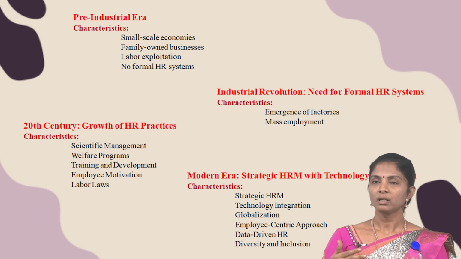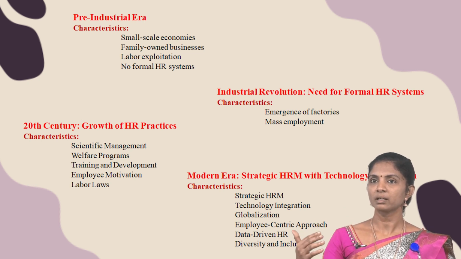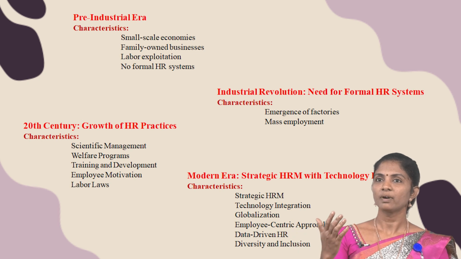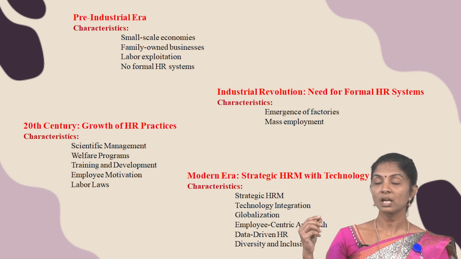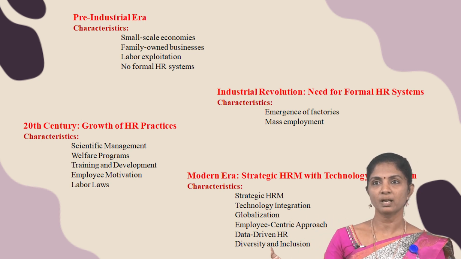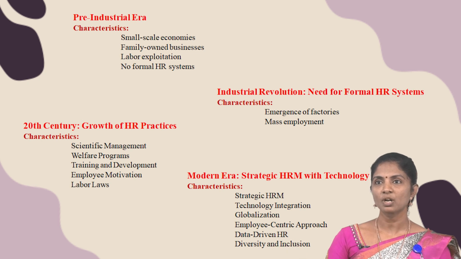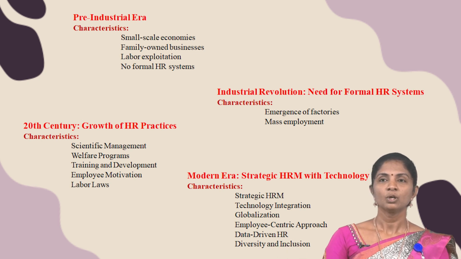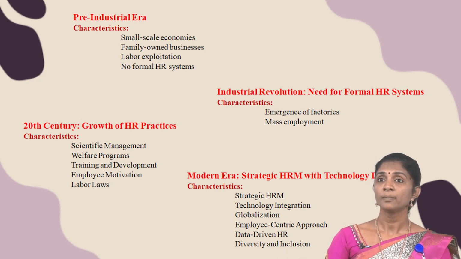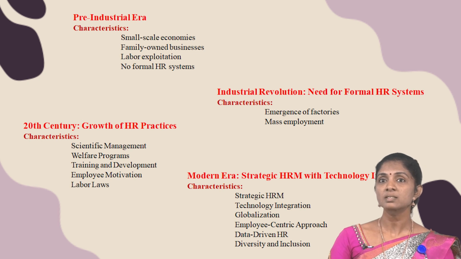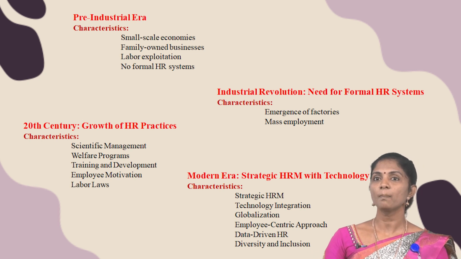So in this period, labor unions were created because poor working conditions led to labor unrest and the formation of trade unions to demand fair wages, reduced working hours, and a safe working environment.